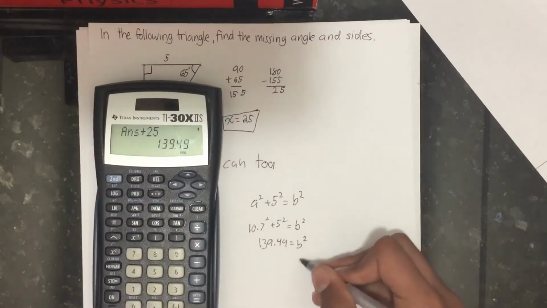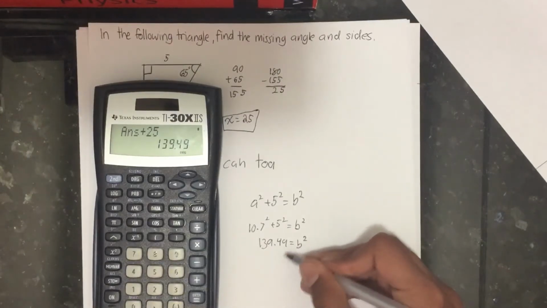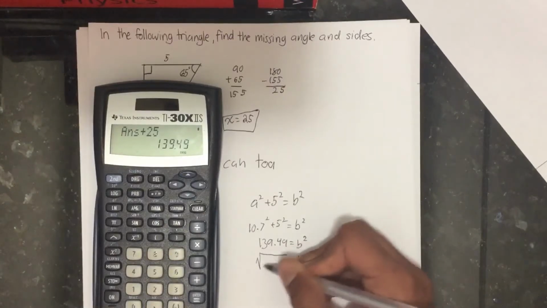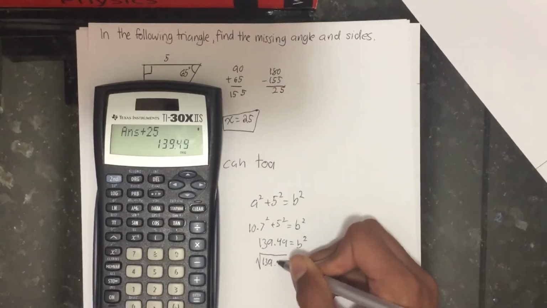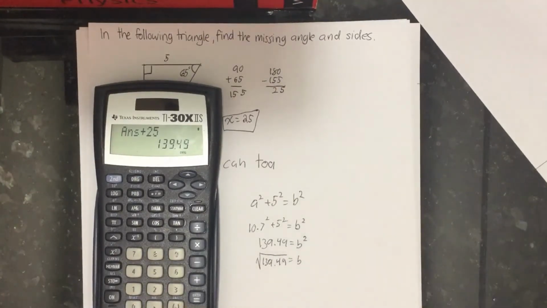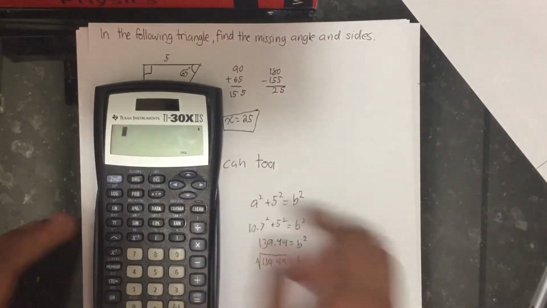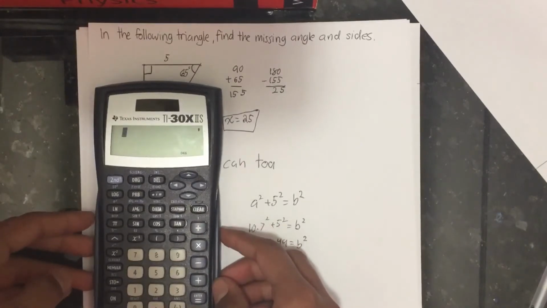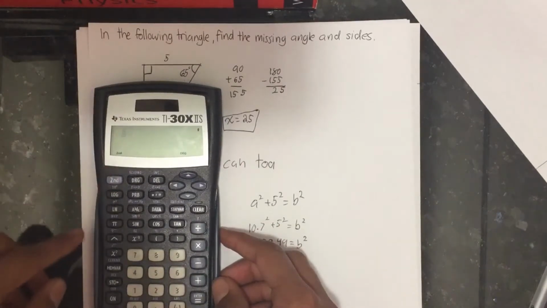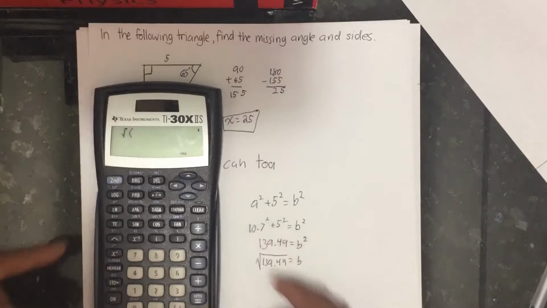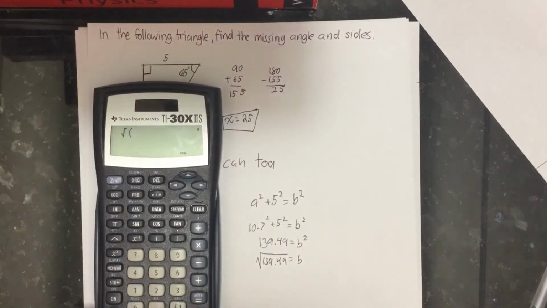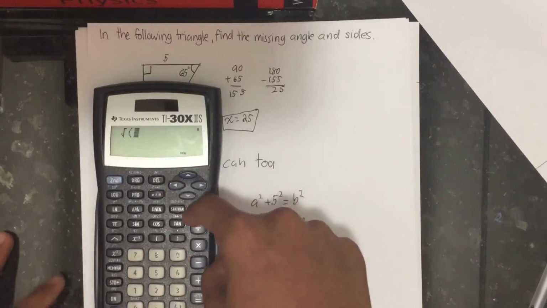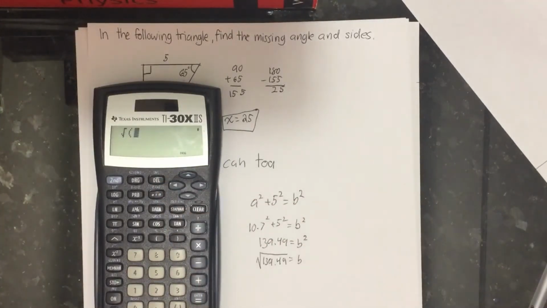So if I want to get rid of the square, I just find the square root of the other side. So b is equal to the square root of 139.49. So now if I do that on the calculator, I'll click second of this. So now I have the square root sign here. And second basically means, on a calculator, the little thing written on top of the main button, and it'll just do that.